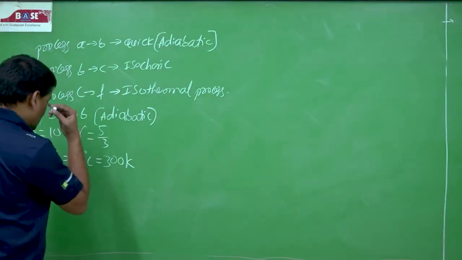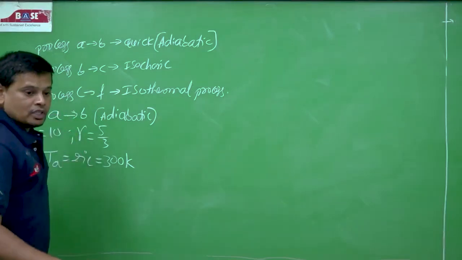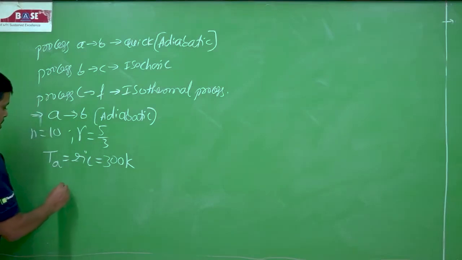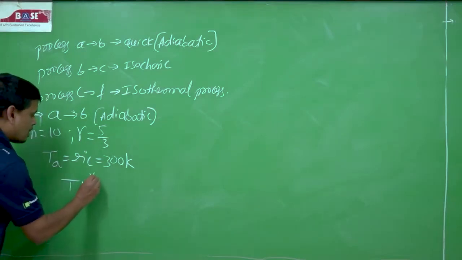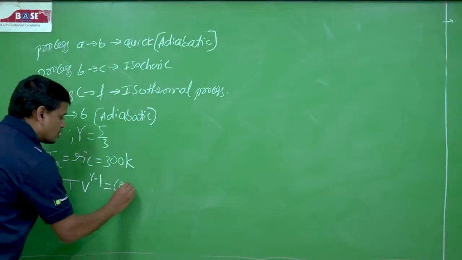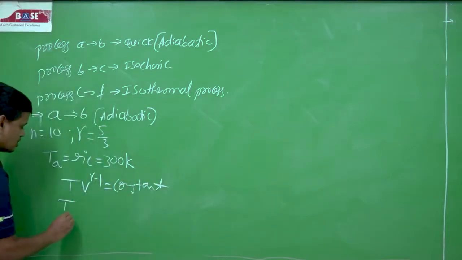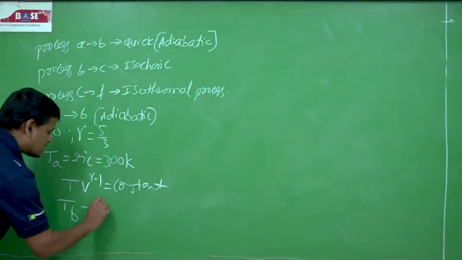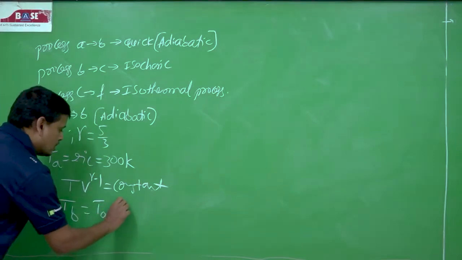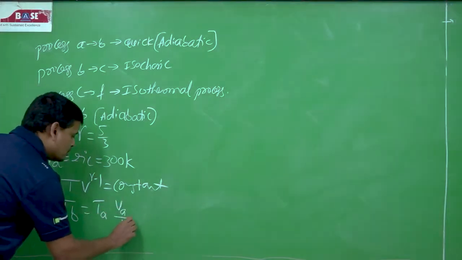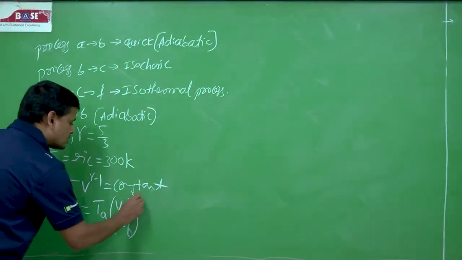So how can we find the temperature at point B? With the relation T V to the power gamma minus 1 is constant. From this I can write the final temperature: temperature at B equals temperature at A times VA upon VB whole to the power gamma minus 1.